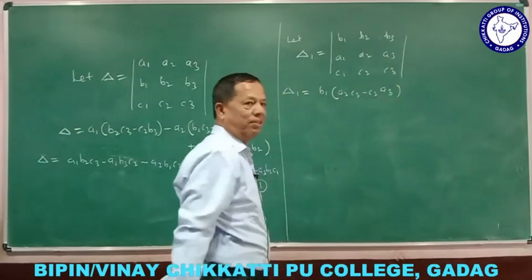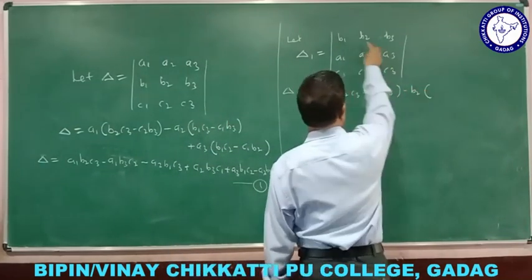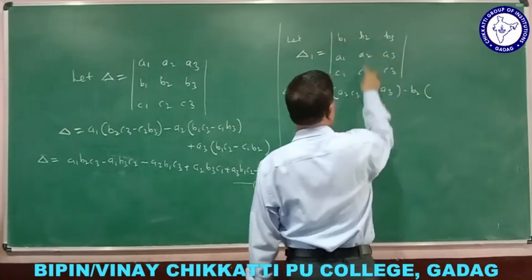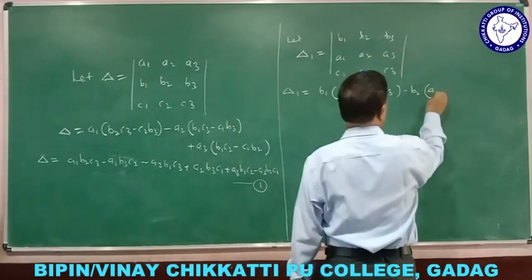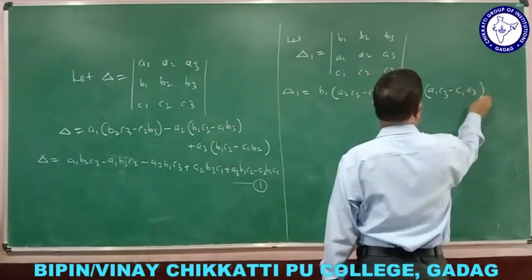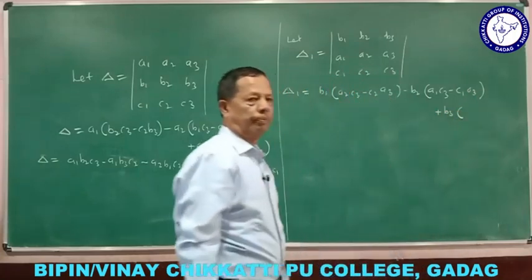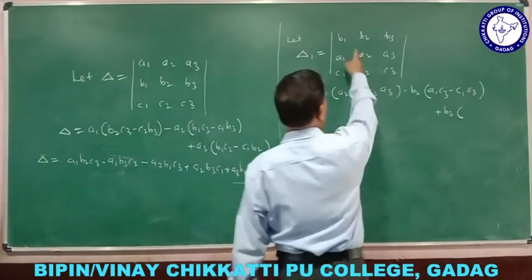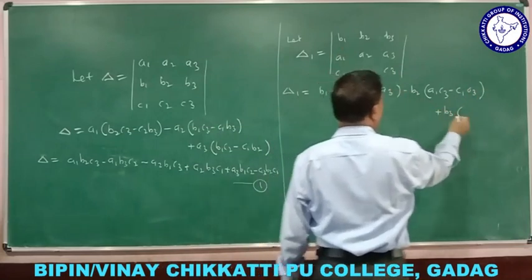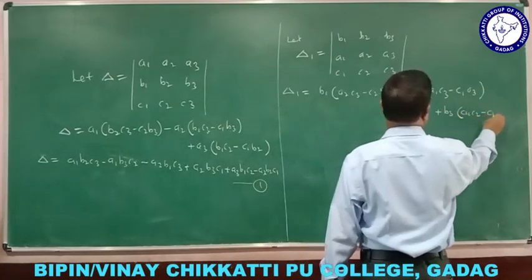Minus B2 into bracket, leaving this and this: A1 C3 minus C1 A3. Plus B3 into bracket: A1 C2 minus C1 A2.